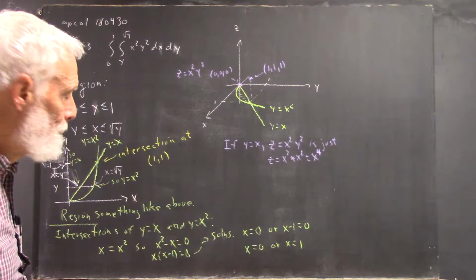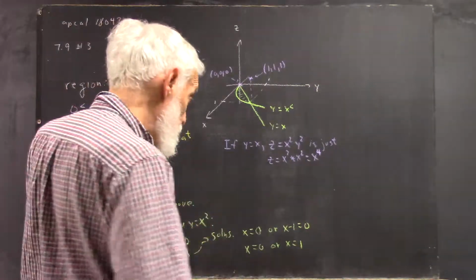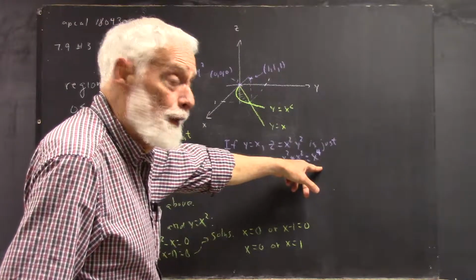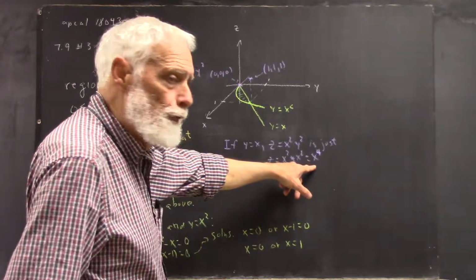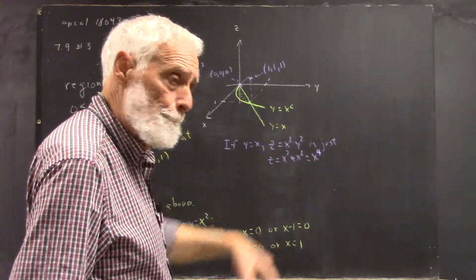Now, depending on how familiar you are with graphs of power functions, the characteristic of x to the 4th is that a z equals x to the 4th graph would look just like a z equals x squared graph, but it would be much flatter.